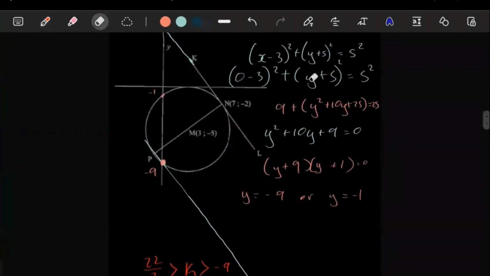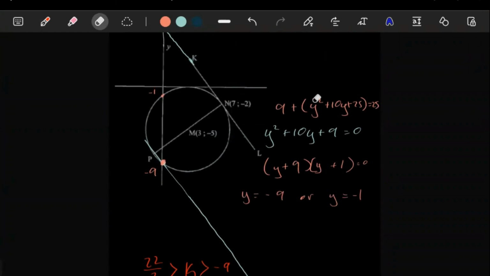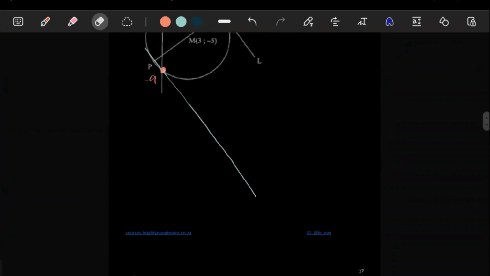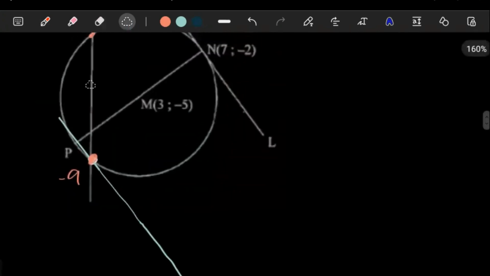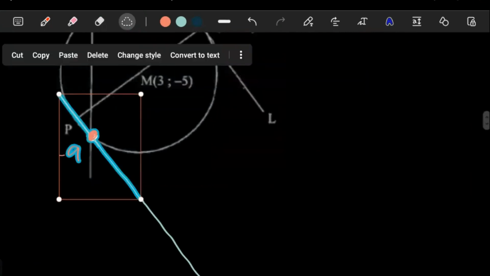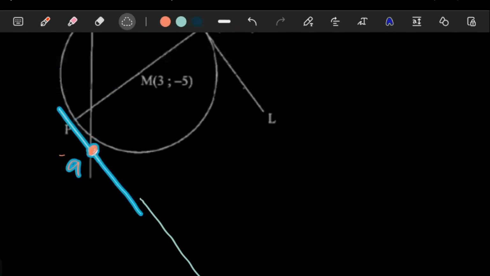Let's go back. No. The reason why this won't work is because if you look at it nicely, this line, if you look at this particular space here, this line can still move downwards and still be cutting the circle twice, only until it is a tangent again, you see.